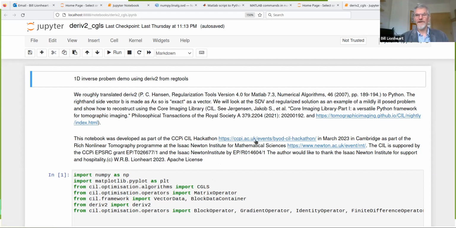This is a Linux computer, and I used Micromamba to create an environment in which I had the CIL installed. There are many ways to do that. And I started the Jupyter notebook, and now I'm running within my Firefox browser. So that's the context. Of course, you can just type the Python at the command line or put it in an editor and run it.